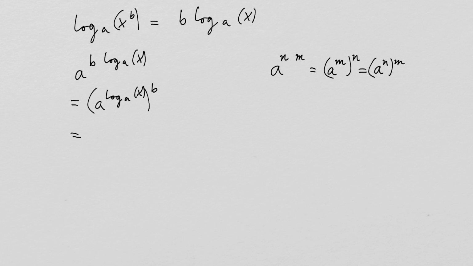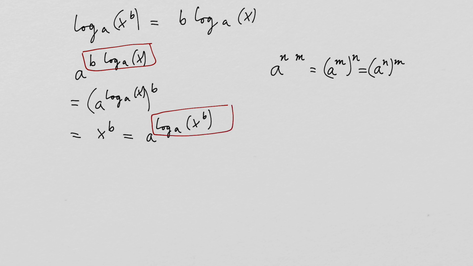In the parentheses we just get x. Well, we can express x to power b as a to power log a of x to power b. Here the a and the logarithm would just cancel out, so everything is fine. Now the powers of a need to be the same. Because these are equal, our formula is true.